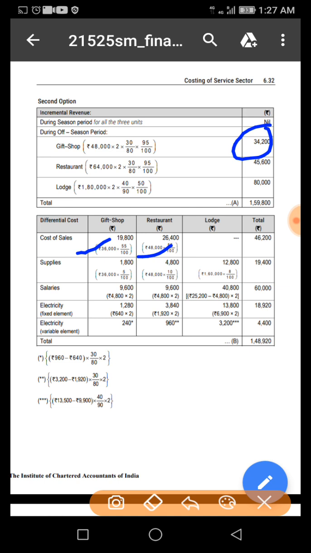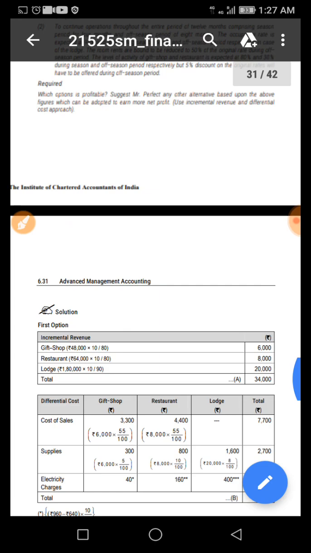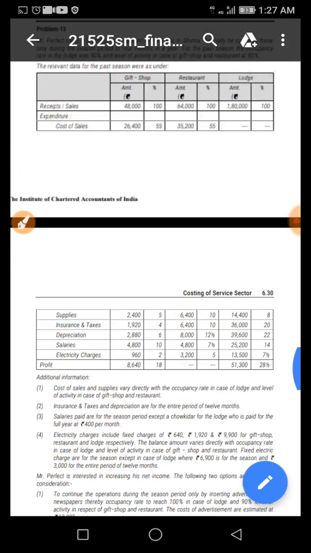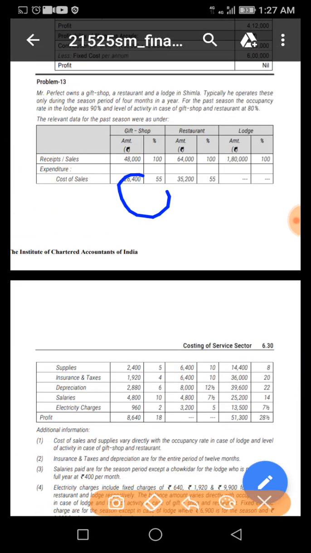So if that were 100%, how much would it be? So 34,200 divided by 95%, if you do, you will get 36,000. Because anyways the full cost we have to take, because this cost is a percentage on the revenue.